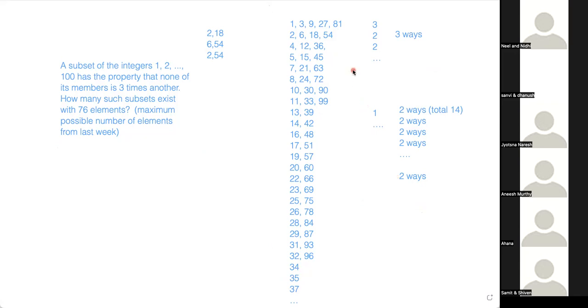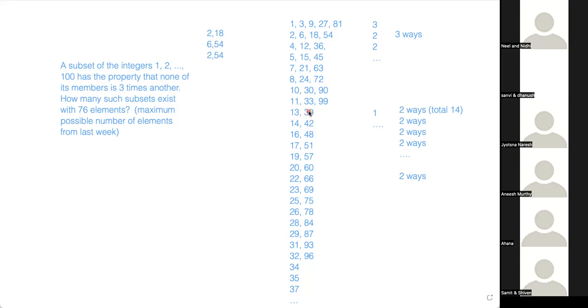Careful. If I add them, I'm saying that I can pick one of these ways or one of these, right? In this case, I could do, for instance, any of these 3 choices, and one of these is a different choice. So for instance, I could choose 13 and 2, 18. That's one option, or 13 with 6, 54, 13 with 2, 54.